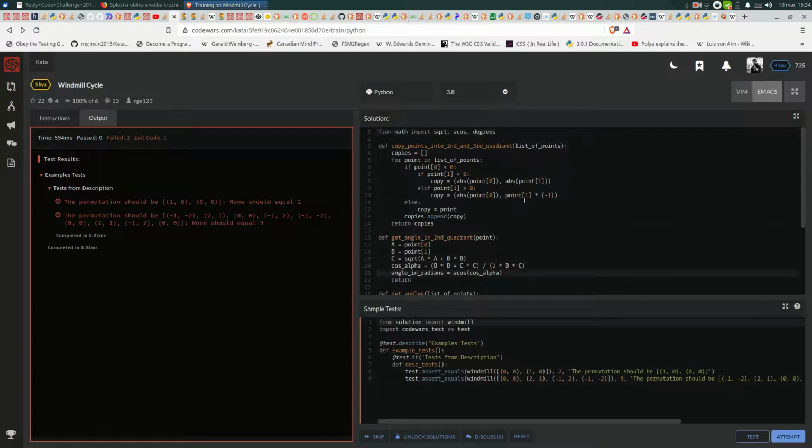So here we just return degrees in angle in radians.